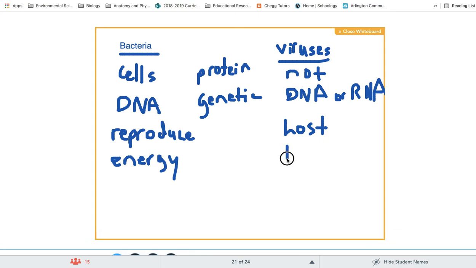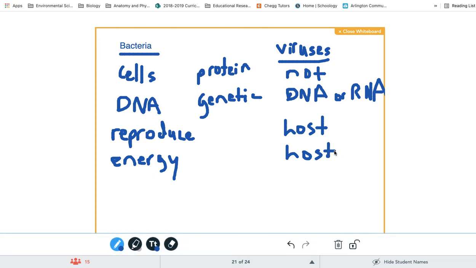While viruses, again, use a host to do all their functions. And so that's kind of where we left off. We could even say instead of genetics, we could use nucleic acids. But this will be a question where you might have to give me 2 similarities and 3 differences. And from there, you guys will be able to figure that part out just from looking at this.